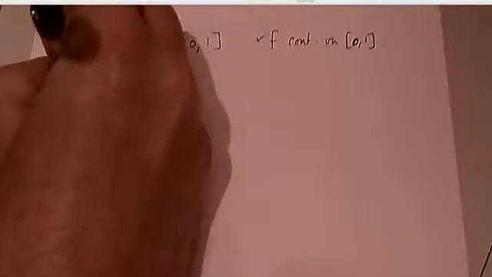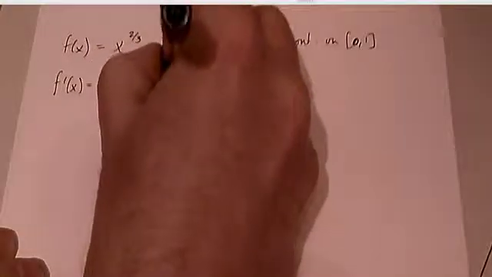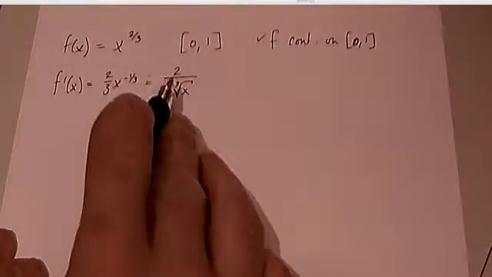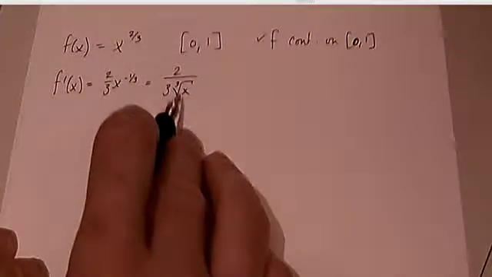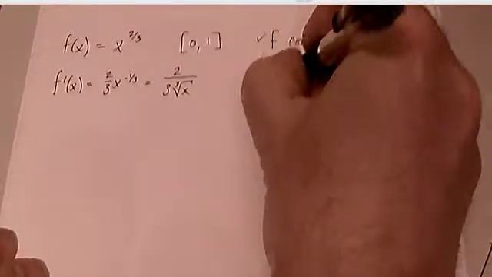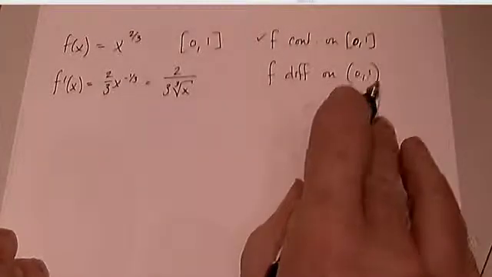Now f prime in this case is 2/3 x to the negative 1/3, which of course is 2 over 3 cube root of x. Now this is discontinuous at 0. But notice that when you're asking about whether it's differentiable, it is on the open interval.